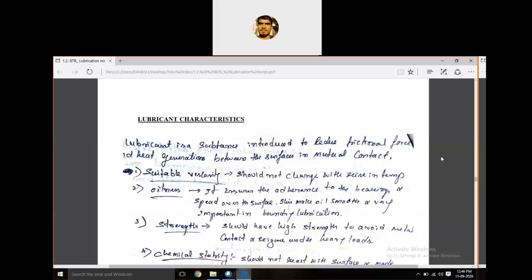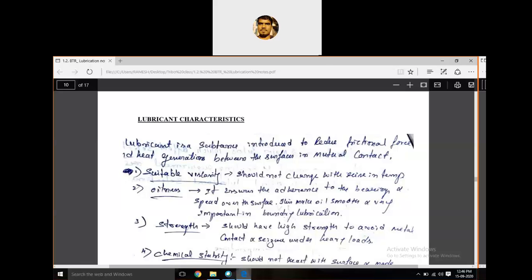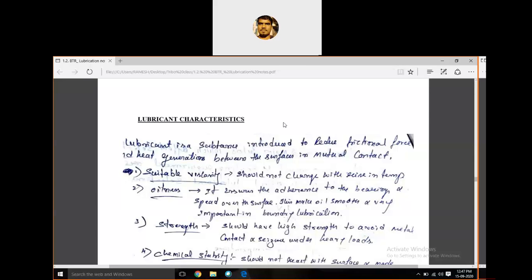Second, oiliness. Yes, the second important property is oiliness. Oiliness comes in thin boundary lubrication.